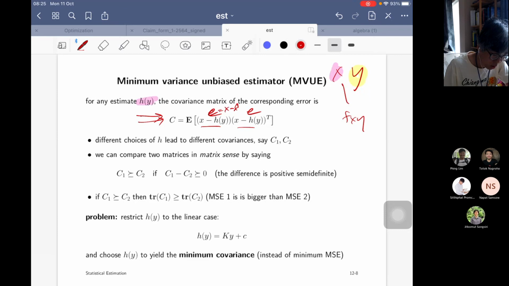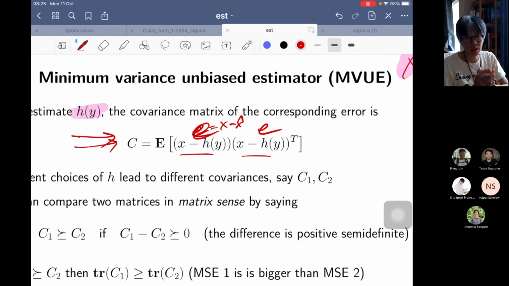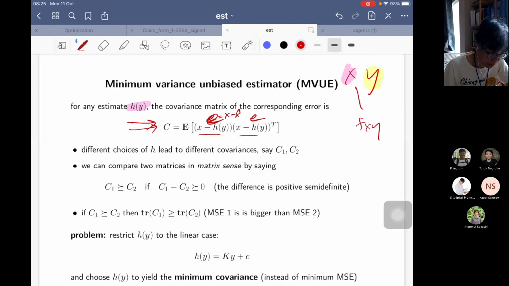Now, unlike MMSE, where you compute the mean square error and minimize it, now you take a look at the error. The error is a vector, but you take a look at the covariance of this error. Of course, if you come up with different choices of your estimator h, that would give you different covariances. Let's say it's C1 and C2.